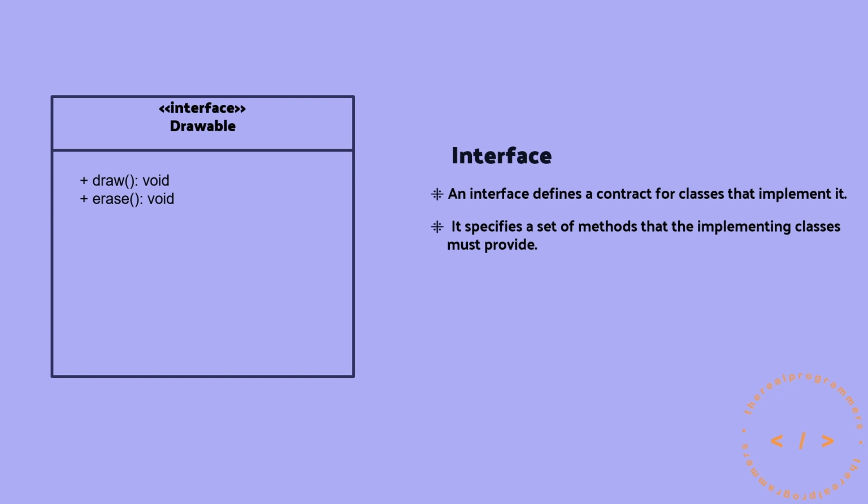The top compartment contains the keyword interface within two angular brackets and then the name of the interface, and in the bottom compartment, the methods or operations follow the same notation as in classes. Please note that the purpose of an interface is to define a contract of publicly accessible methods that the implementing class must provide. So, interfaces only contain public methods, and so all the methods start with a plus symbol in an interface.